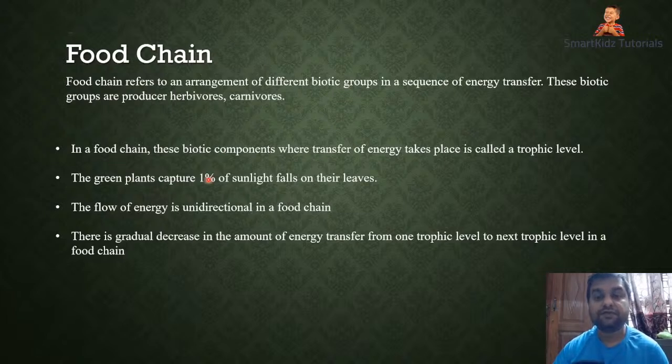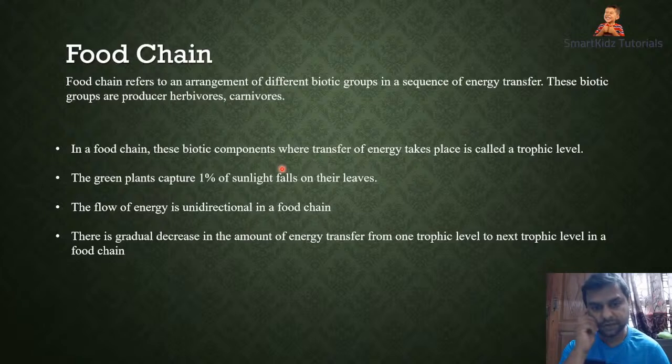In this food chain, these biotic components transfer energy from one form to another. So when one individual consumes another individual in this food chain, the energy that is there in the individual that is consumed gets transferred to the higher organism, and this in turn serves as food for some other, so it leads to transfer of energy from one individual to another.